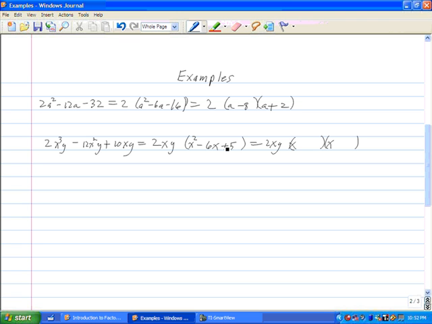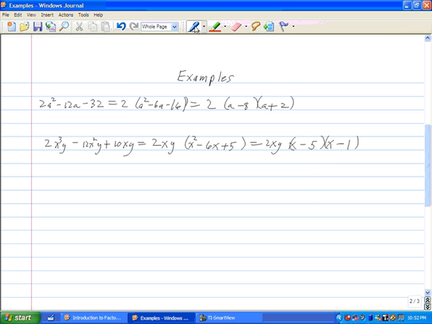It could be two minuses. Since there's a minus in the middle, two minuses is the way we're going to go. 5 has got to be a 5 times 1. Let's check it. Negative 5x, negative 1x, all together, negative 6x. That's correct.